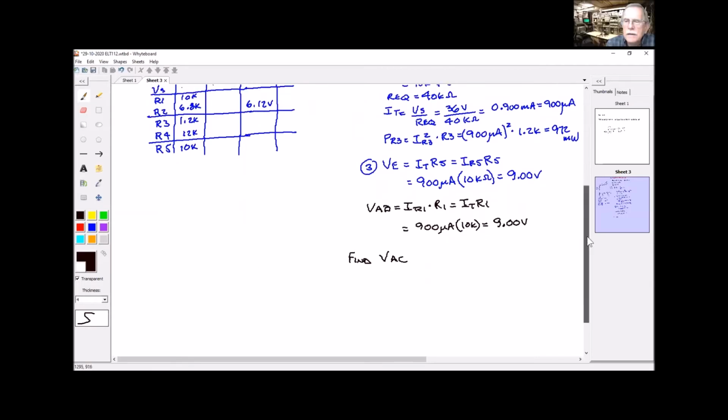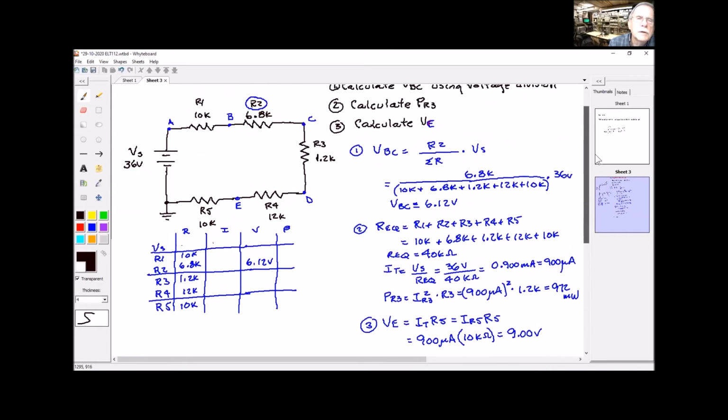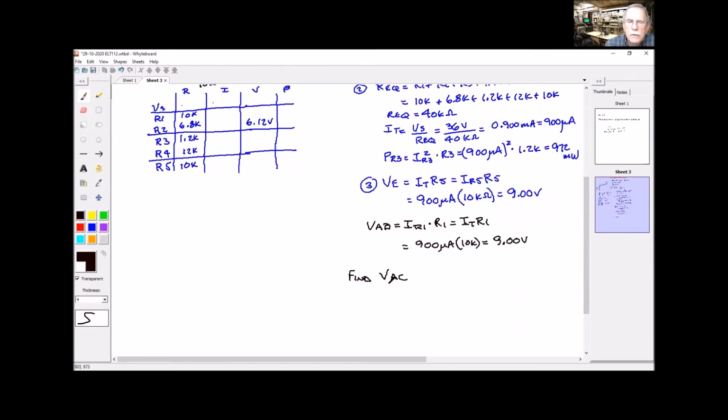Well, in a series circuit, if I'm looking at the voltage between two points that are not on opposite ends of a given resistor, like A to C, we can say that the voltage A to C is the voltage A to B plus the voltage B to C. All right. So I could say VAC is going to be VAB plus VBC.